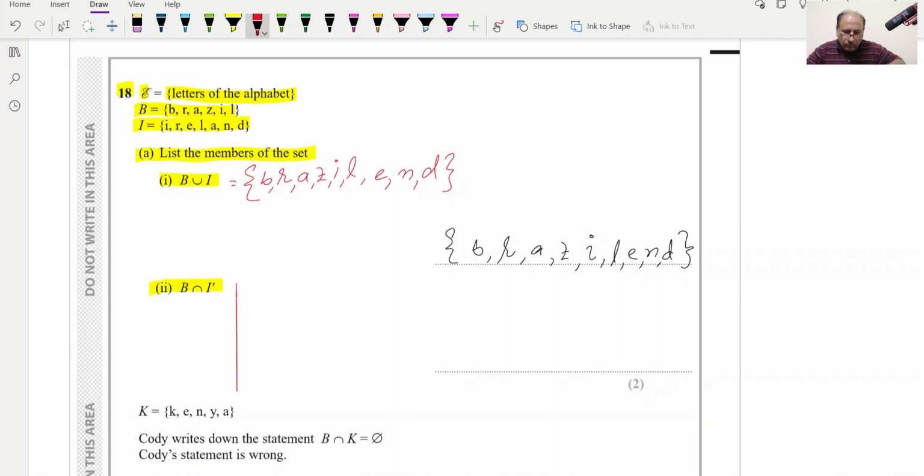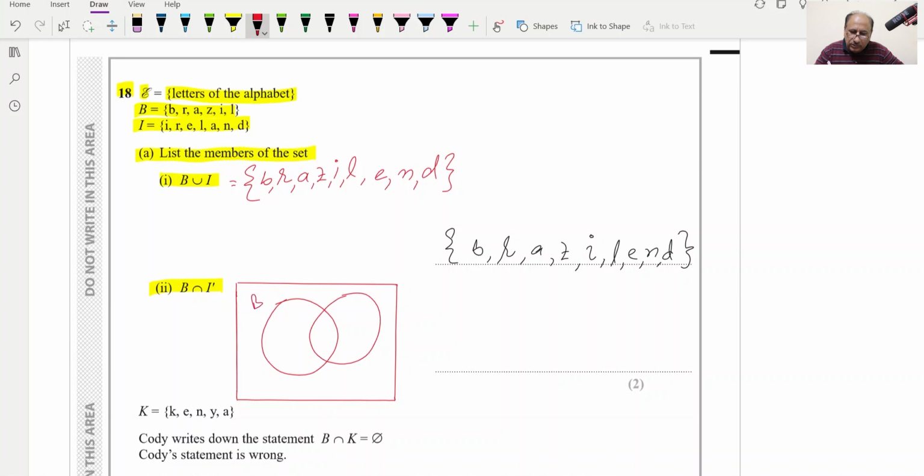We can draw a Venn diagram, and say this is like the Venn diagram which we are considering, and we can draw B, and this one will be I. So B is this one, I is this one, and we can write B. Members of B are what?